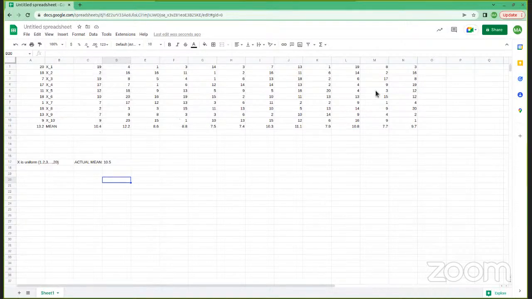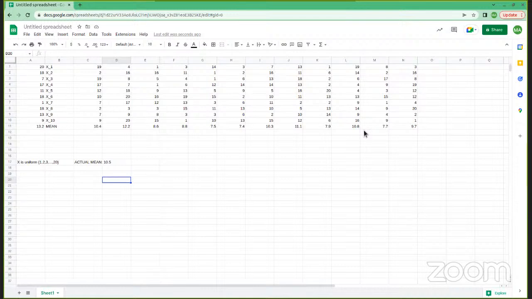Now we have 13 samplings with us, and each sampling contains 10 samples inside it. Out of these 13 samplings, we have 13.2, 10.4, 12.2, 8.6, 8.8, 7.5, 7.4, 10.3, 11.1, like this. These values are pretty close to 10.5. A few values are greater, a few are lesser.